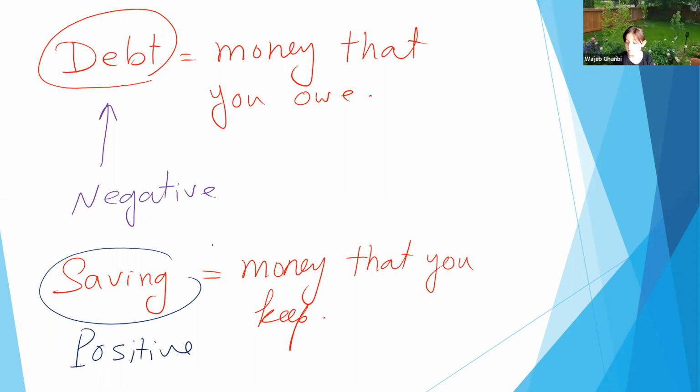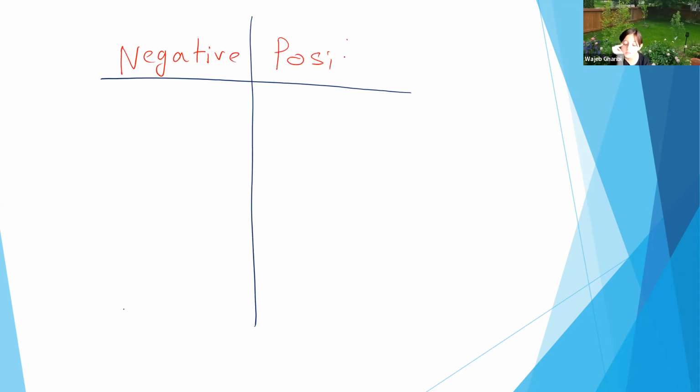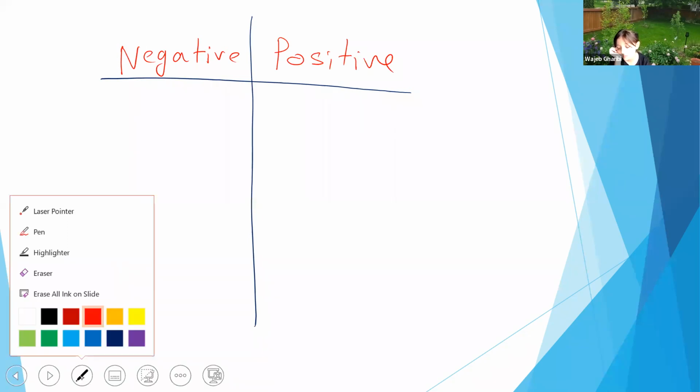Okay. So let me write a small table here. This is negative, and here positive. Give me an example.